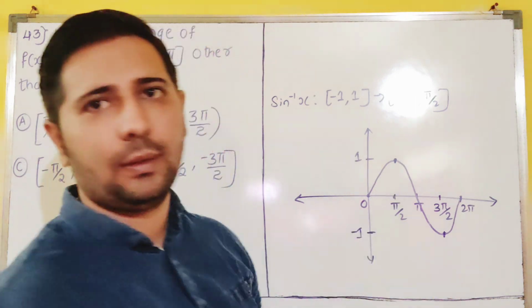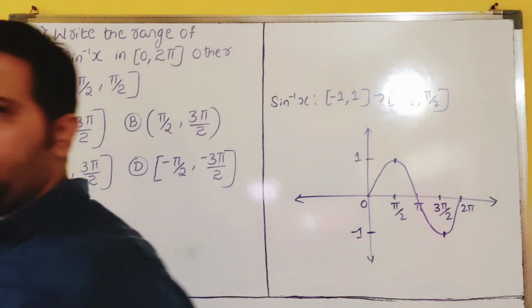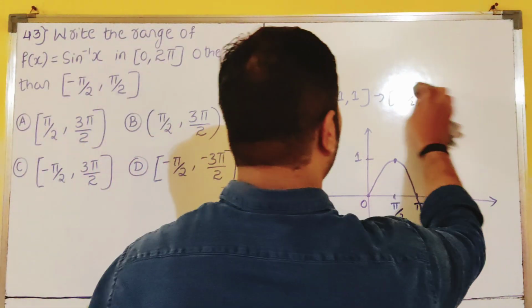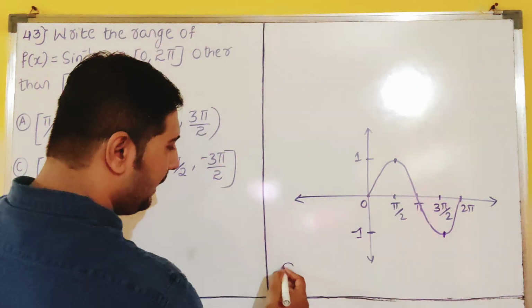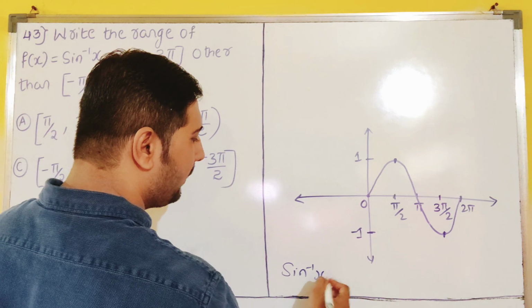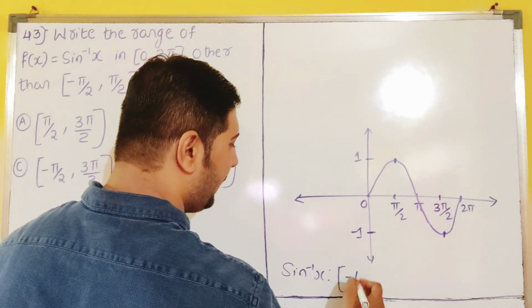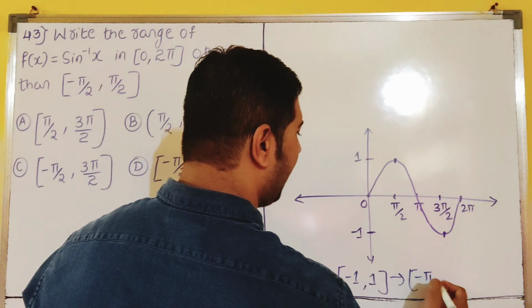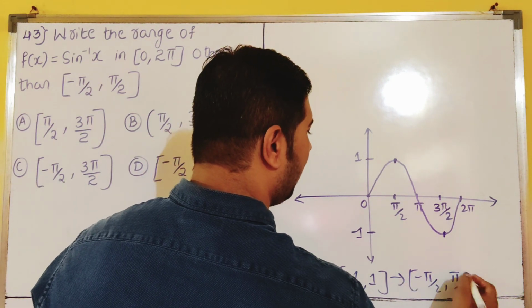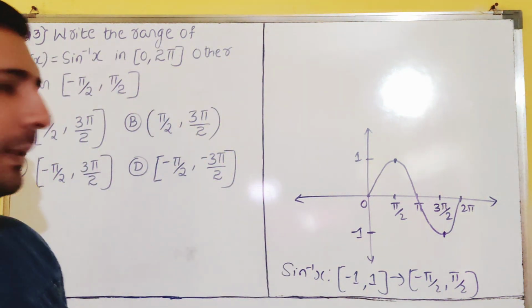Oh, the flashing is going. Wait, dear students, I will write below. Some of you are not seeing properly. I'm sorry for that, because there is a problem with me. So now minus 90 to plus 90. Clear? This is the range.